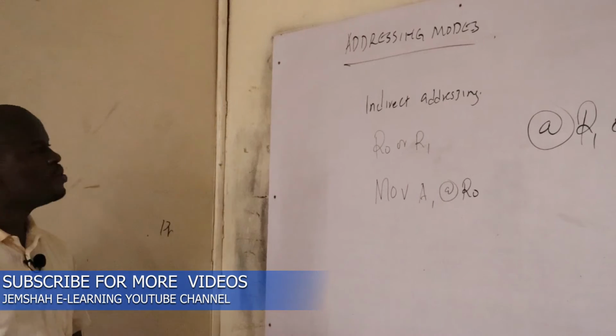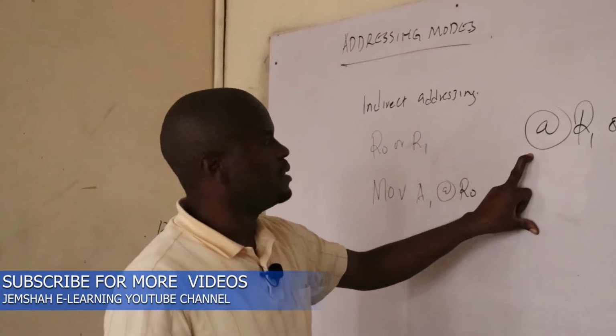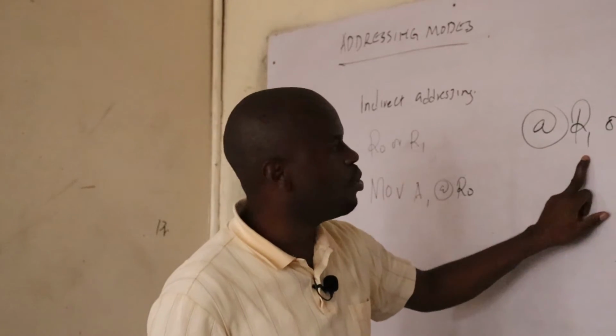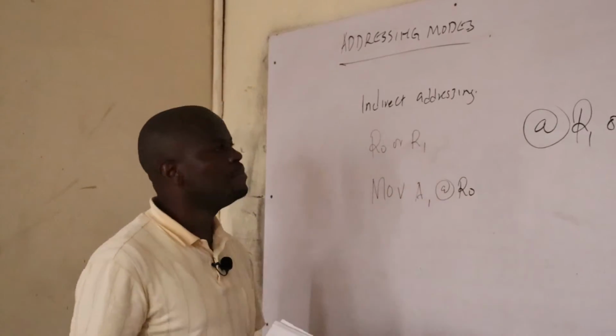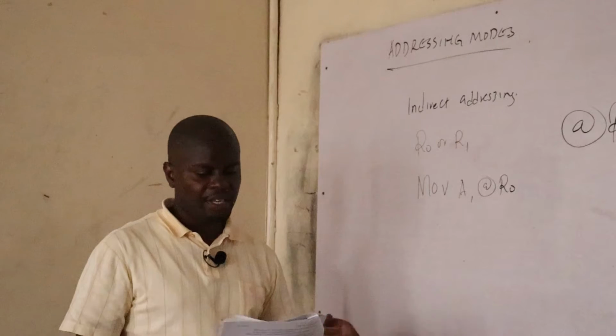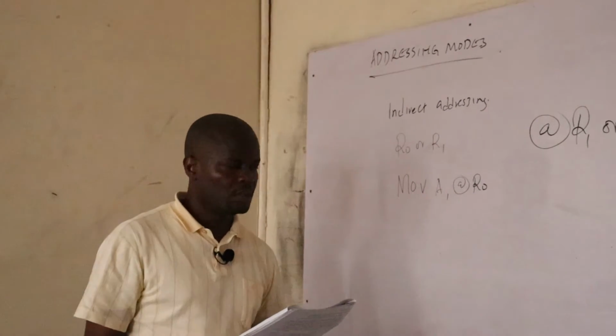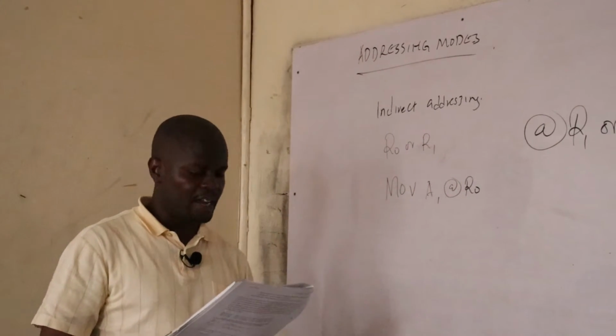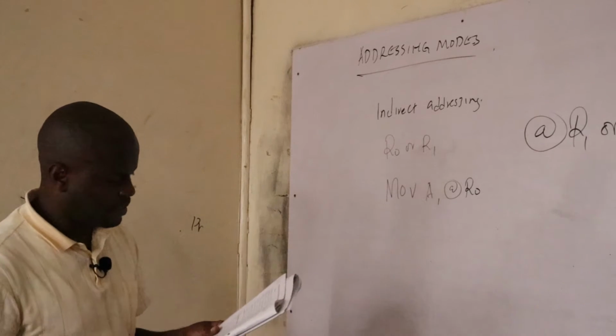So anytime you see an @ preceding register R1 or register R0, then it means that the register is just pointing at a certain memory location where the data to be manipulated is.